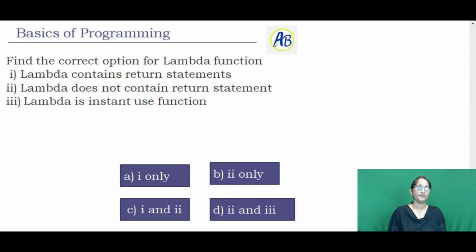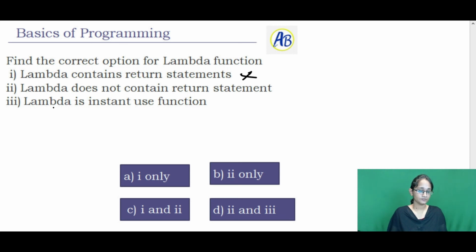Find the correct option for the lambda function. We already said that in Python the anonymous function is called lambda, and it is an unnamed, instant-use function. You can see the option says lambda contains the return statement. In lambda there is no return statement, so this is the wrong one.